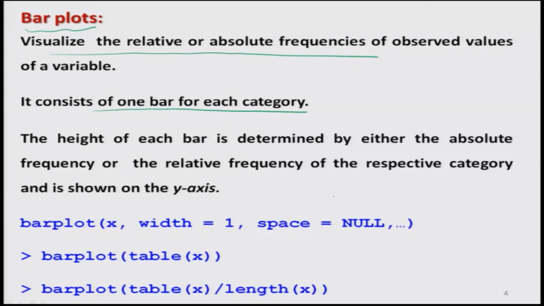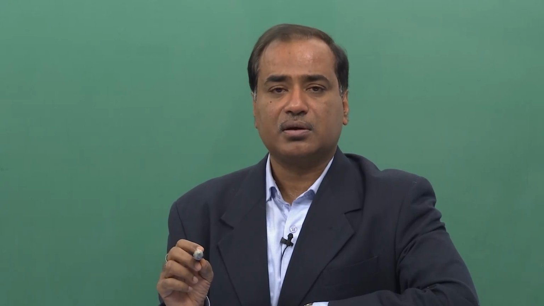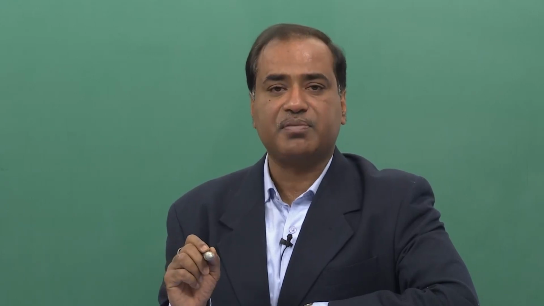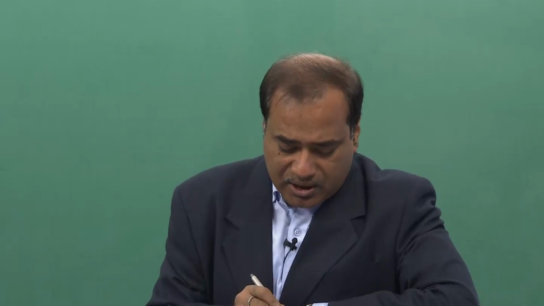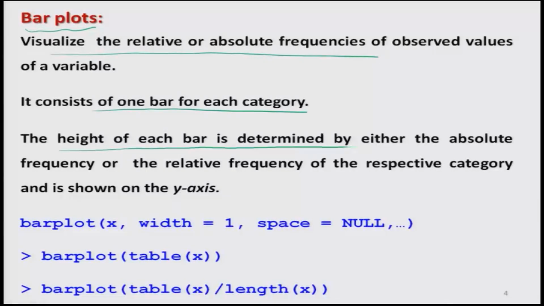And how have these bars been created? The identification tag is the height of the bar. The height of the bar is determined by the absolute frequency or the relative frequency of the respective category. That means if the absolute frequency is higher, the height of the bar will be higher.